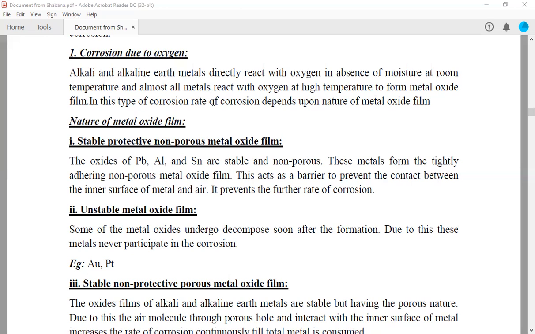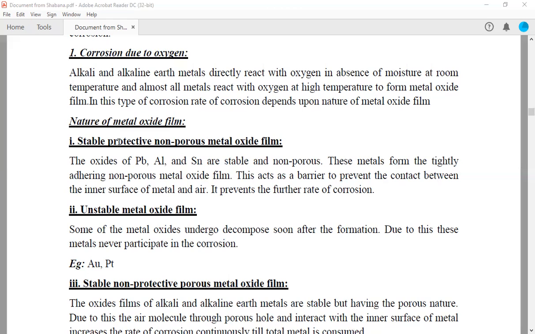These metals react with oxygen at high temperature to form a metal oxide film. In this type of corrosion, the rate of corrosion depends upon the nature of the metal oxide film. What type of metal oxide film is formed, on that basis the corrosion will depend.